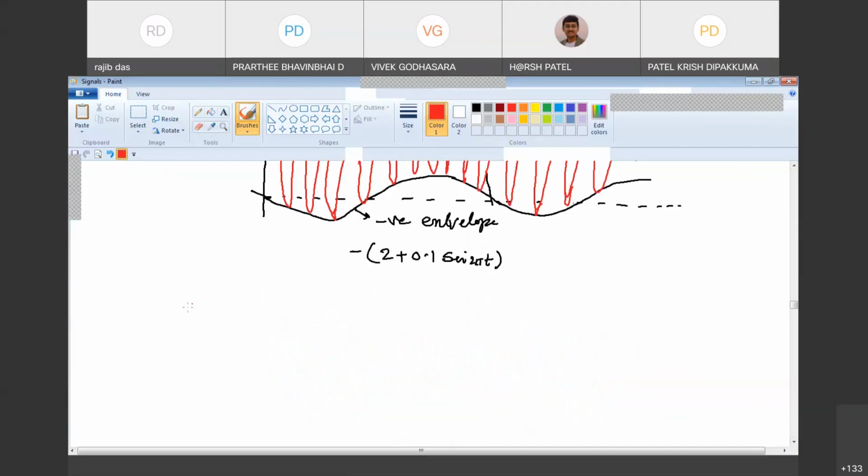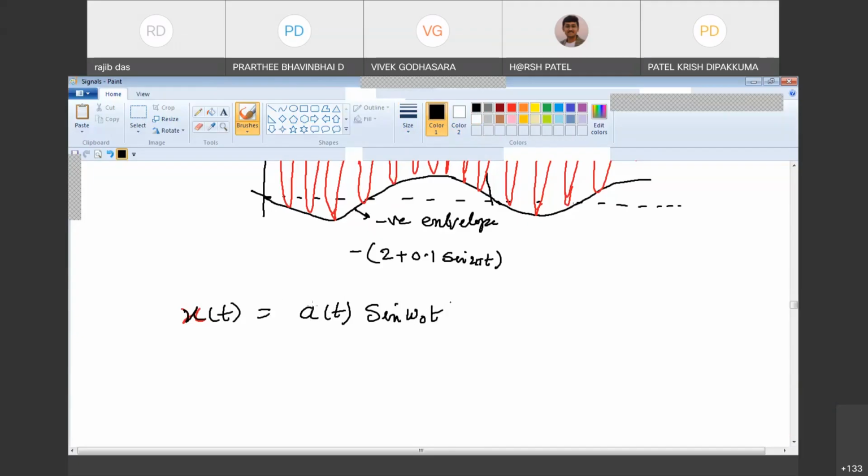Suppose any signal x(t) is the product of two functions, a(t) with sine omega naught t.